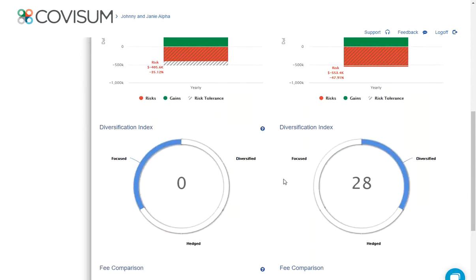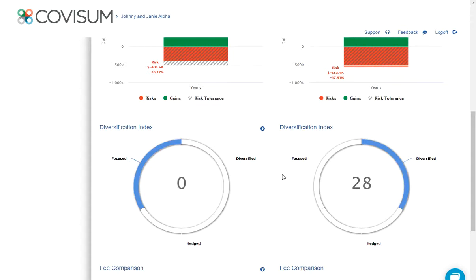We see also that there's a much lower propensity to get surprised out of left field because the proposed portfolio is considerably more diversified than the current portfolio. And frankly, whenever you see a professionally designed portfolio, you're likely to see something in the range of 20 to 40% diversification index.